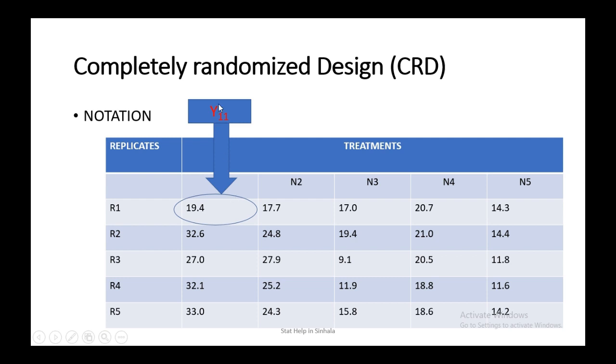That means this is the observation for N1 fertilizer, replicate 1. Here you can see Y42. This is the observation for N4 fertilizer, replicate 2. Now you can understand what Yij is. Yij means individual observations.